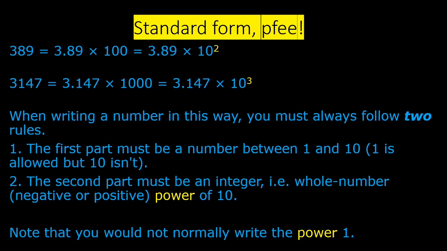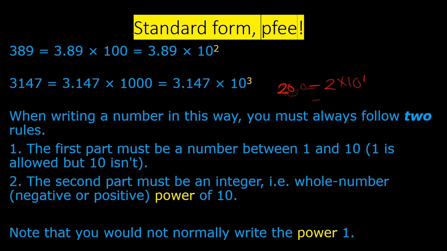Generally, you can note that we do not normally write the power of 1. Let's say for example a number like 20. 20 in standard form would be, the decimal point is here, so we move the decimal point one place to the left, so our number is 2 times 10 to the power 1.